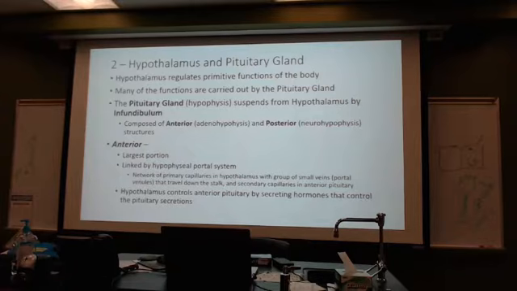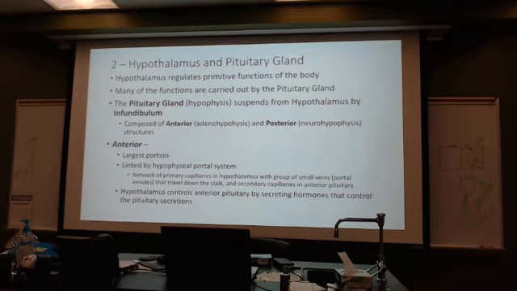And my hypothalamus has the connection to primitive areas of the brain which are maintaining homeostasis. So what is this telling me?